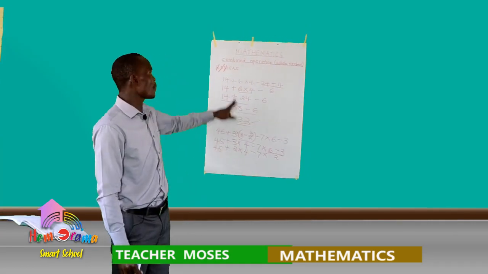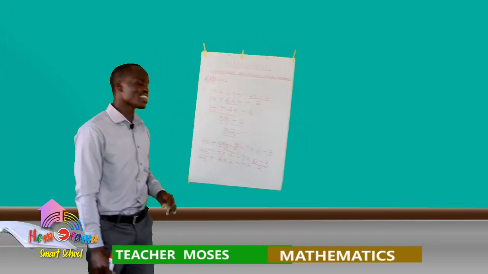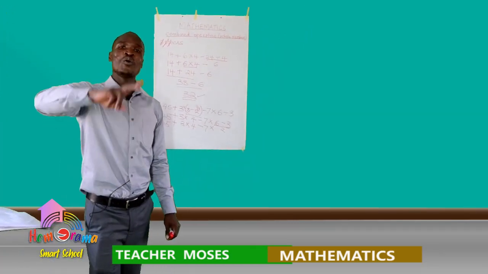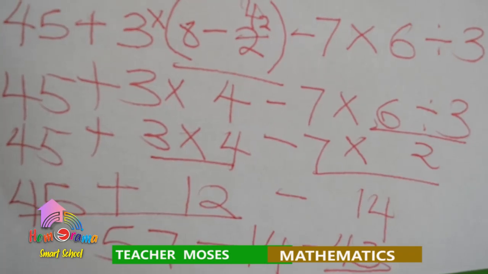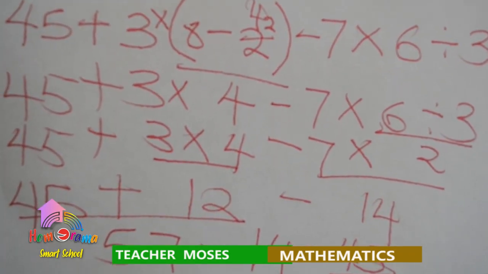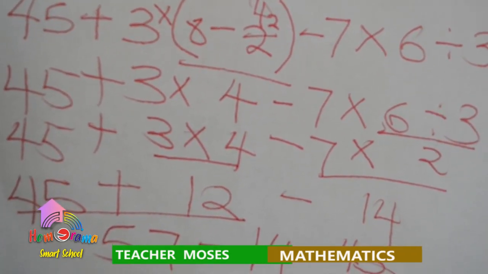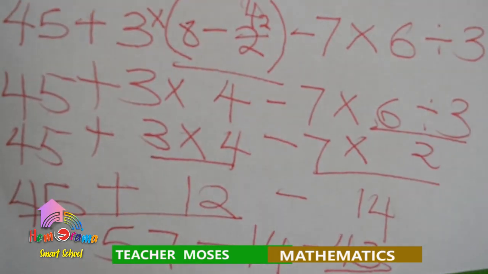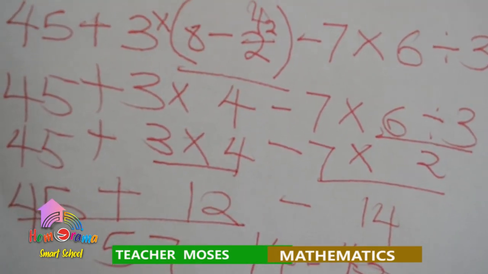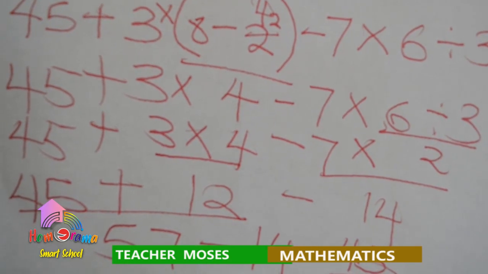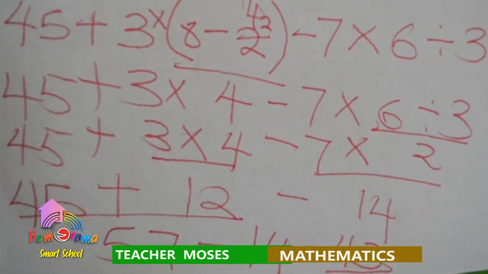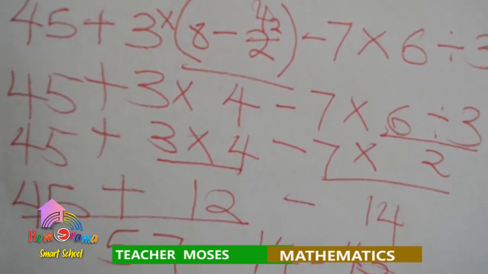Now, the next one is supposed to be multiplication. And then you realize now here we have 2 of them. So what are we going to do? Being that now we have 2, what are we going to do? Okay. We are going to work them out at the same time. Therefore, underline all of them at the same time.